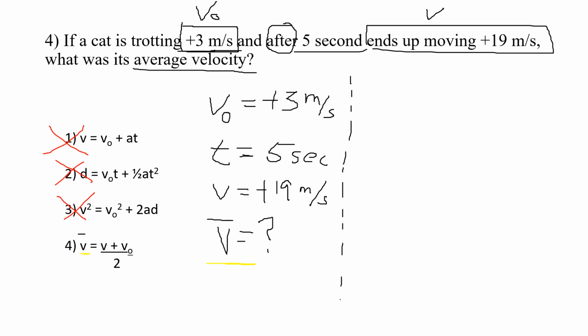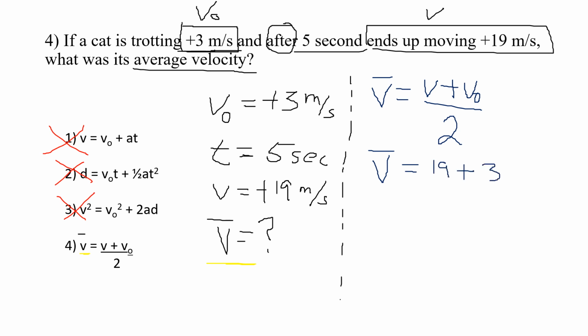But I'm going to let you guys know, I threw a curveball in here. Intentionally so. I'm sure I'm going to catch some of you with it too. This is always a 2. When I plug it into this equation, if the V is 19 plus the V naught is 3, some people would have a gut feeling to go ahead and make the denominator a 5 because that's the time.